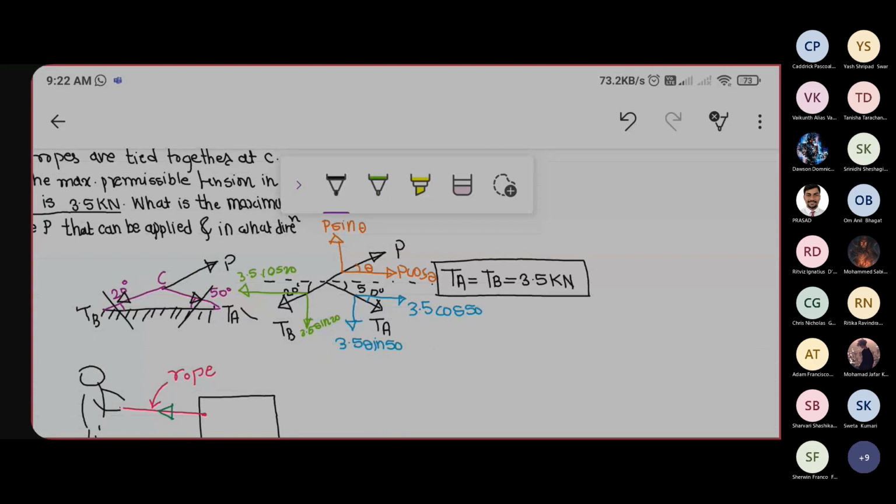So what is summation Fx? First, P cos theta plus 3.5 cos 50 minus 3.5 cos 20. See the direction.